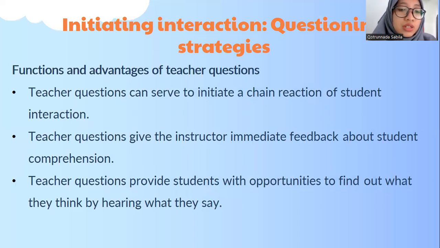And then teacher questions provide students with opportunities to find out what they think by hearing what they say. They are nudged into responding to questions about, say, a reading or a film. They can discover what their own opinions and reactions are. The self-discovery can be especially useful for a pre-writing activity.